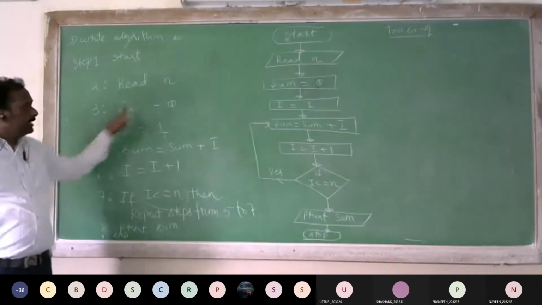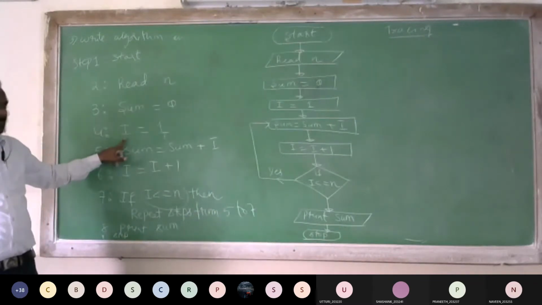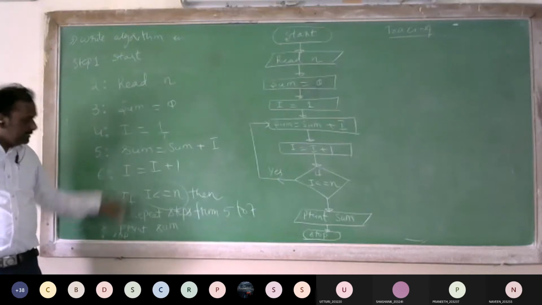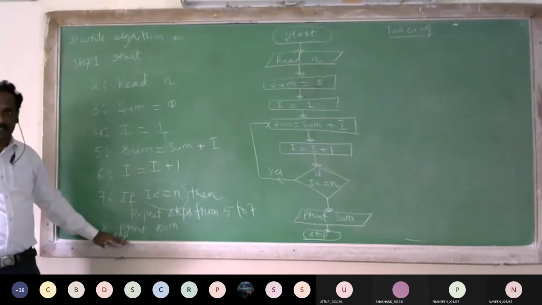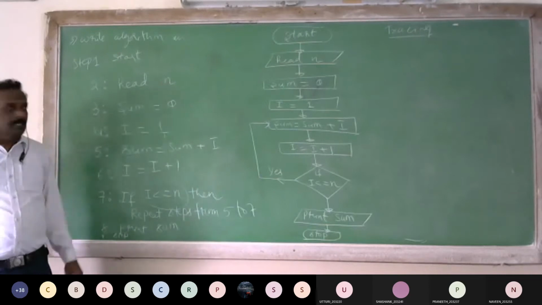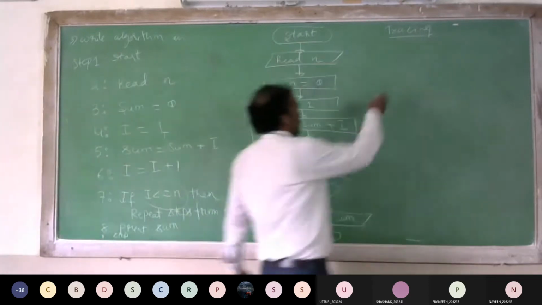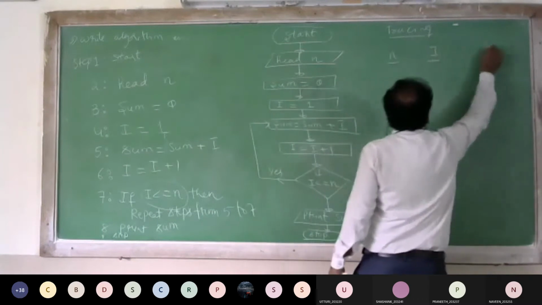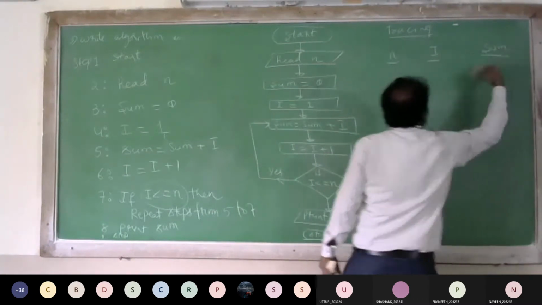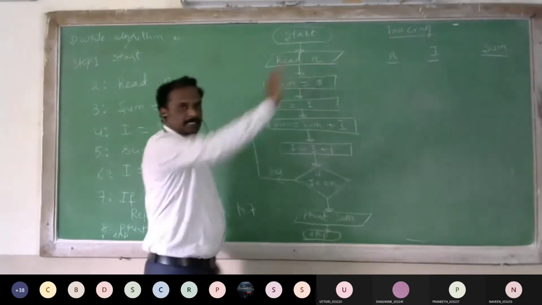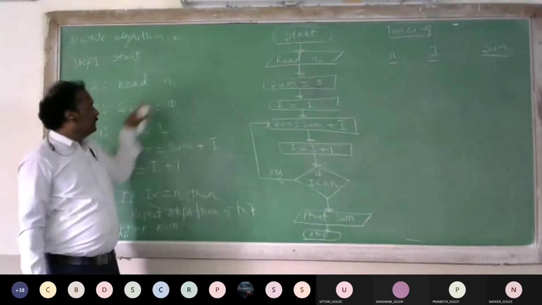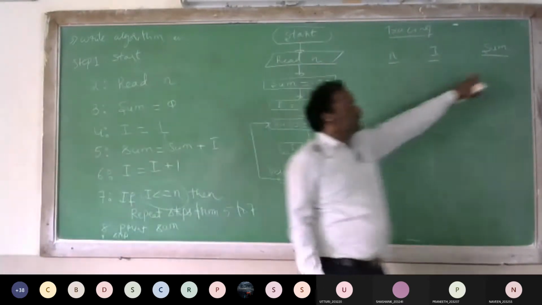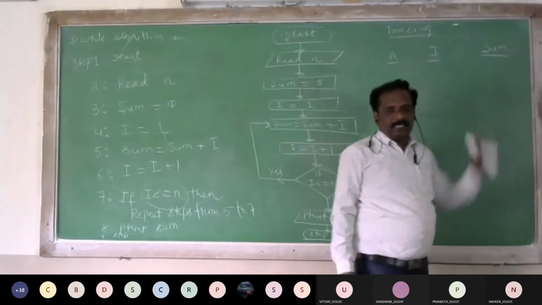One is n, another is sum, another is I. We have used these three names in this algorithm or flow chart. Now we have to write the names: n, I, and sum. I am writing sum last because that is the output I require. Order is not important. We need to find the sum.